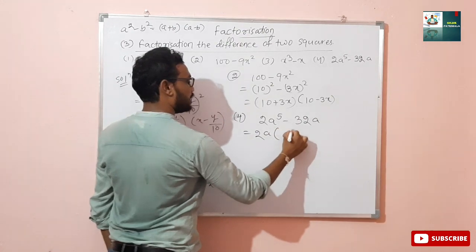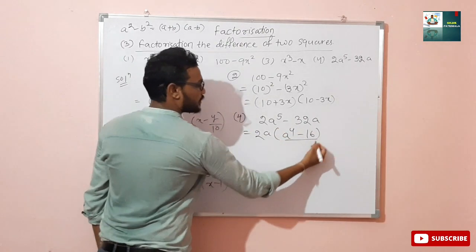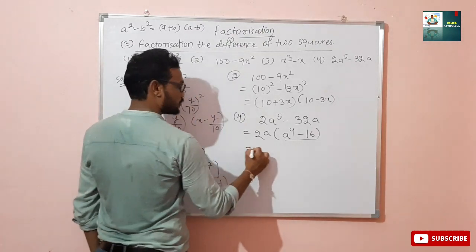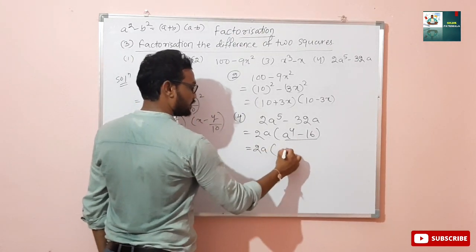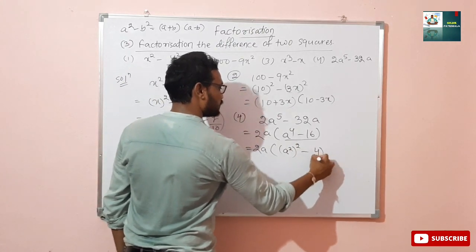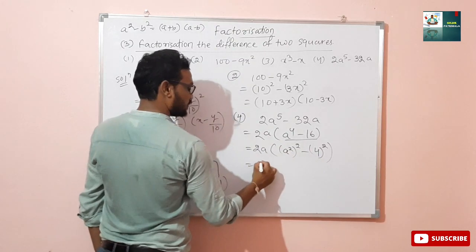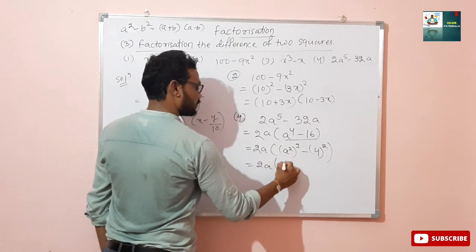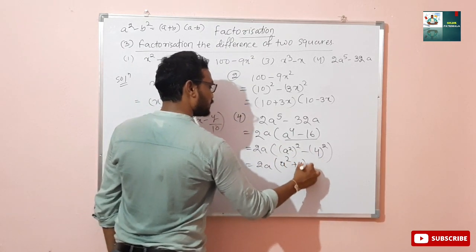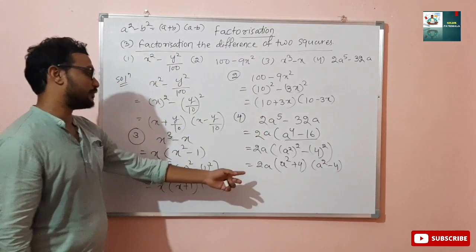So here a² is left, and here 16. Now we can convert this into a² - b² form. So this is 2a times (a² - 4²). Now this can be written as 2a(a² + 4)(a² - 4). Okay, this is the factorization of this.